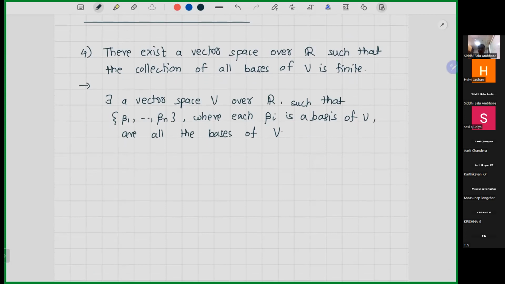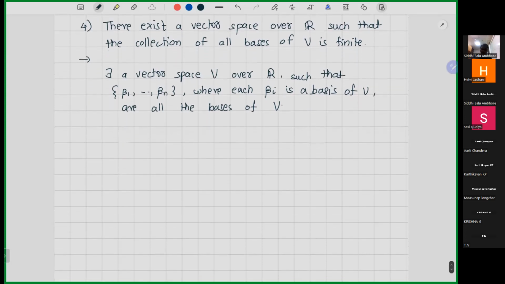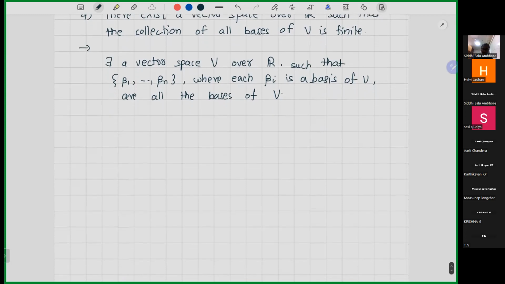I'm explaining what this question is asking. For example, this is R2, okay? We will start with this R2. This is a vector space, this is a basis, this is beta 1, let's say. This is one basis of R2. This is also one basis of R2.